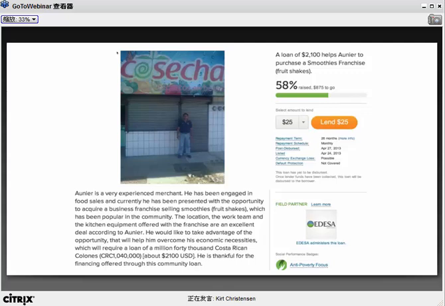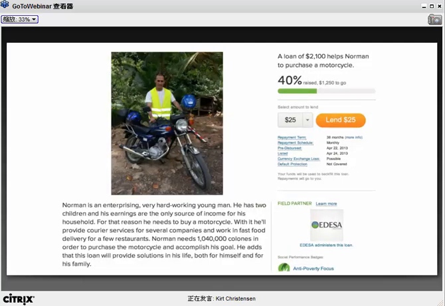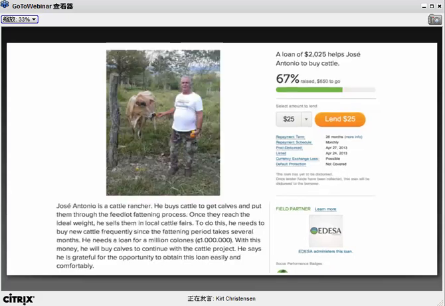This is a loan that gives a gentleman an opportunity to purchase a smoothie franchise. He's raising $2,100 for this. Norman is raising money to buy a motorcycle. He's going to use it to provide a courier service for companies and work in fast food delivery. This gentleman is a cattle rancher, giving him the opportunity to expand his herd of cattle.